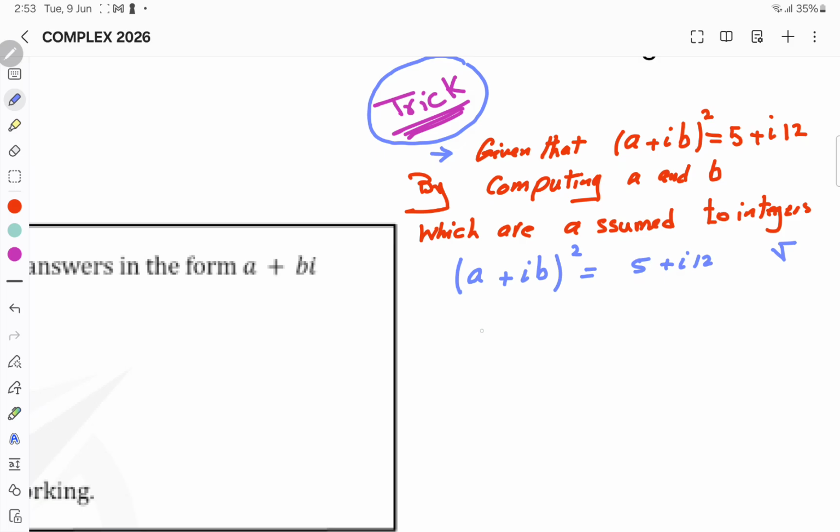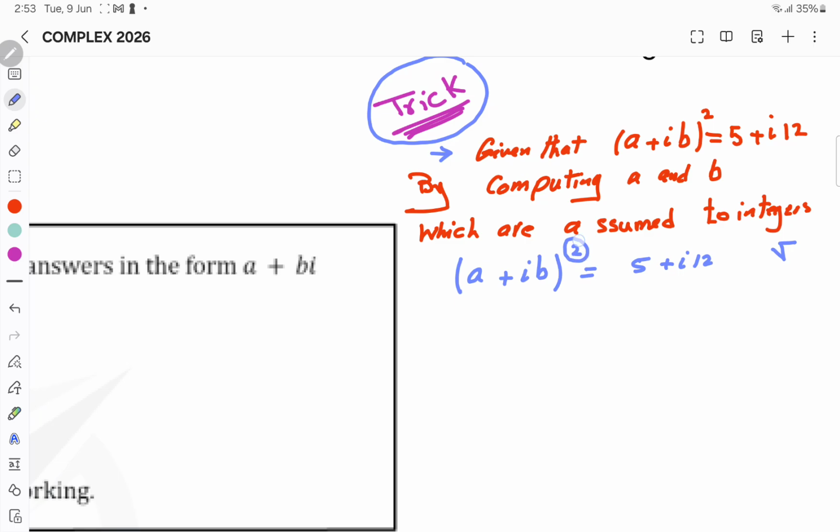So it will be a plus ib equals the square root of 5 plus 12i. So it's the same question. He is asking about the square root, not asking about a and b. So that means I can do that from here by squaring both sides or find the answer here.